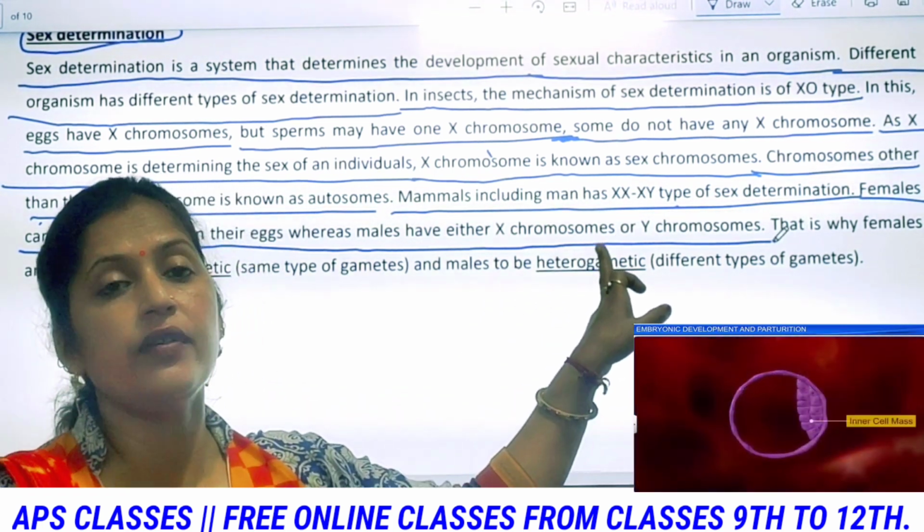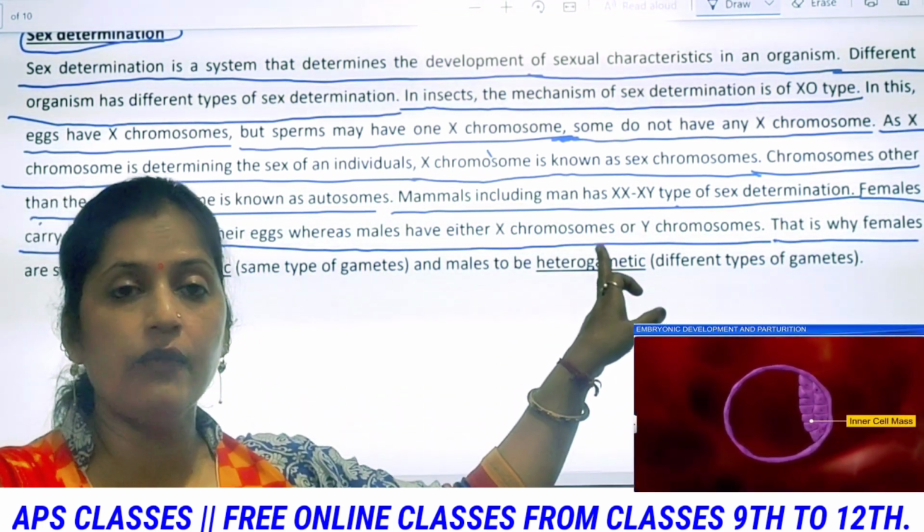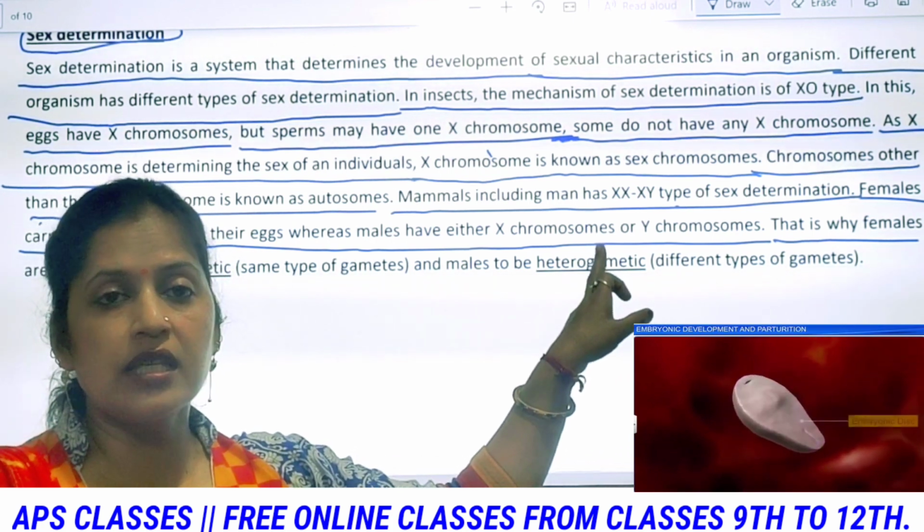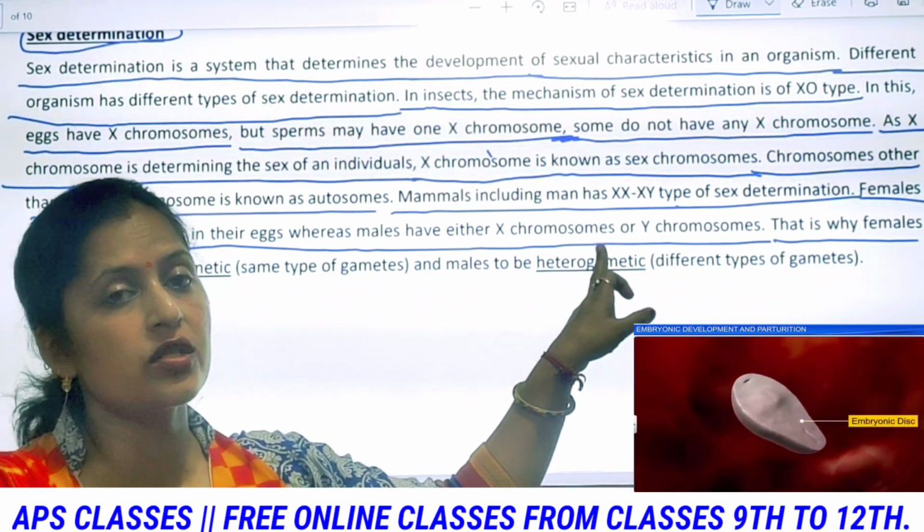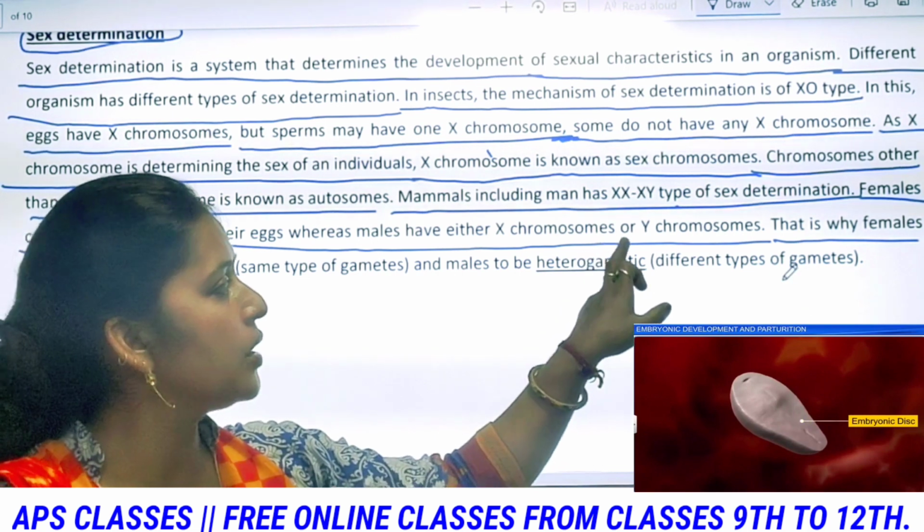In the case of females they have only X chromosomes, whereas in the case of males they have either X or Y type of chromosomes.